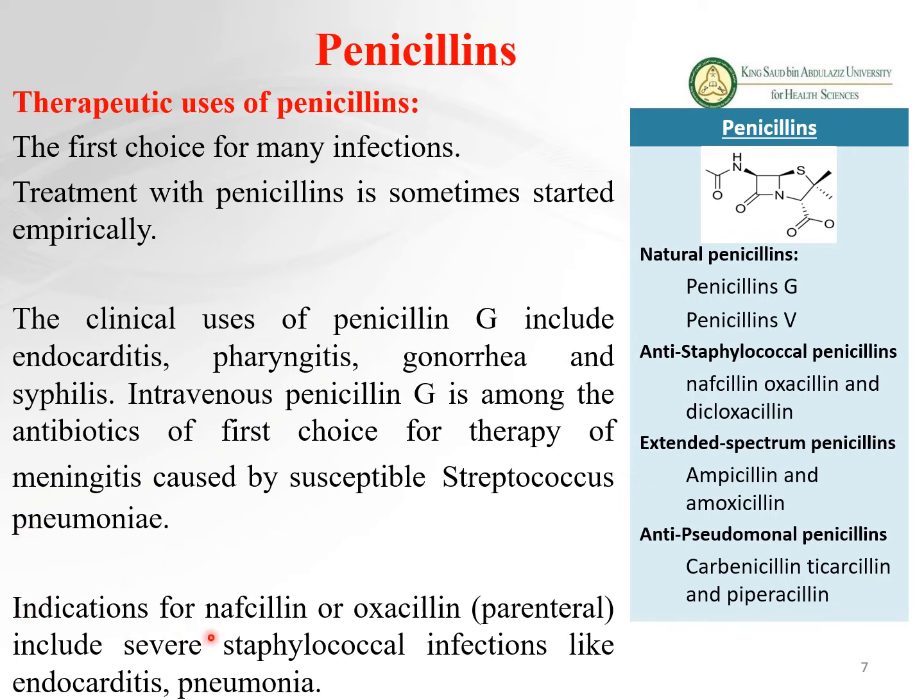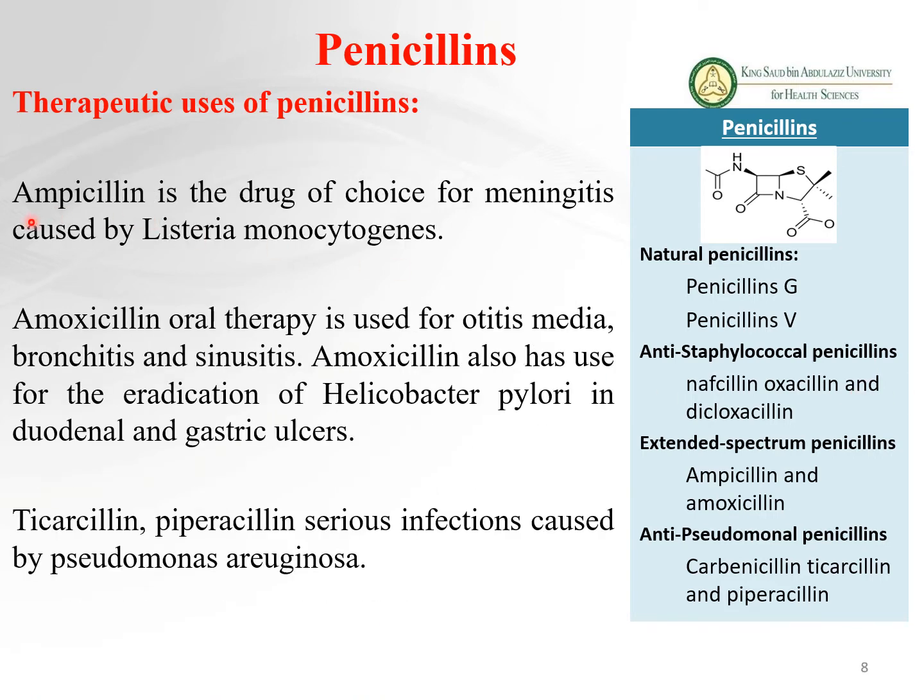An indication for nafcillin or oxacillin includes severe staphylococcal infections like endocarditis or pneumonia. Extended spectrum penicillins like ampicillin are the drug of choice for meningitis caused by Listeria monocytogenes. Amoxicillin oral therapy is used for otitis media, bronchitis, and sinusitis.